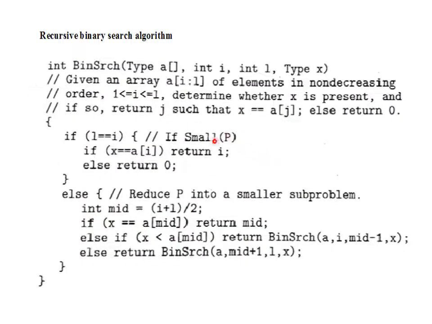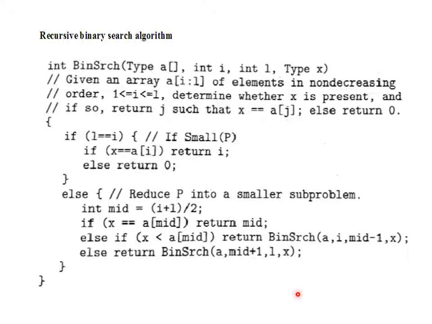Now see the recursive binary search algorithm. I told that in the first class, the divide and conquer approach is based on recursion, and we need to write the problem or algorithm in a recursive way.